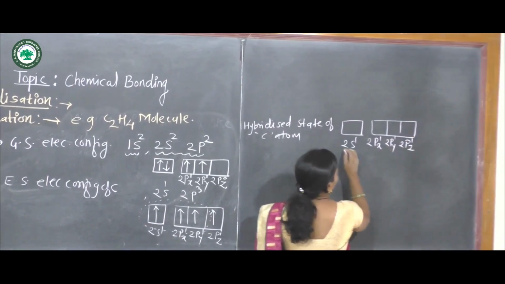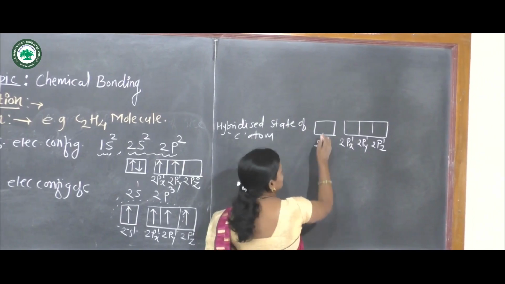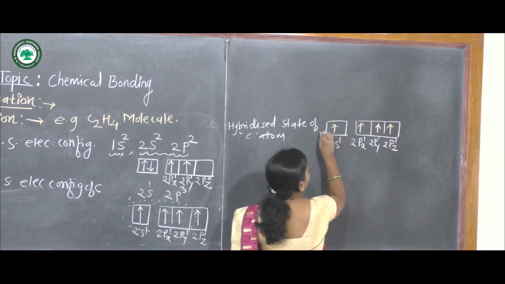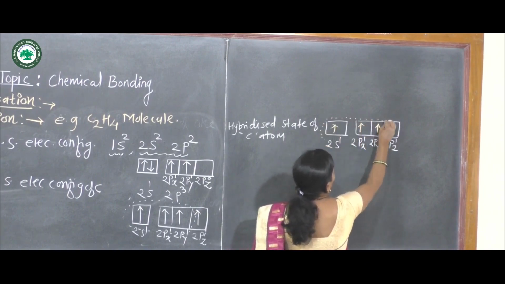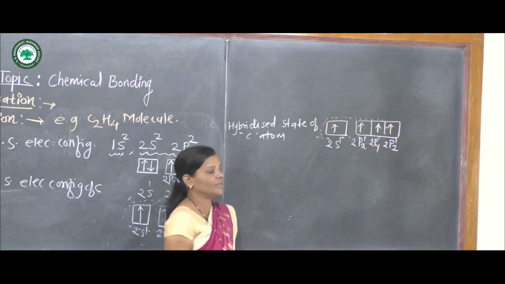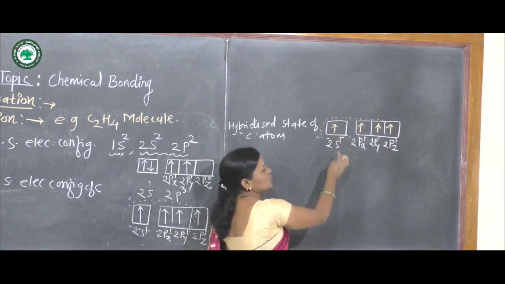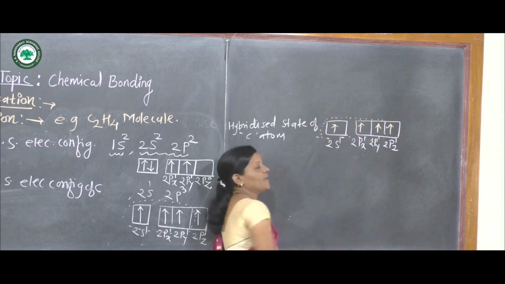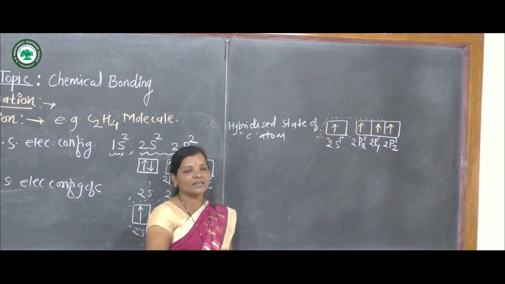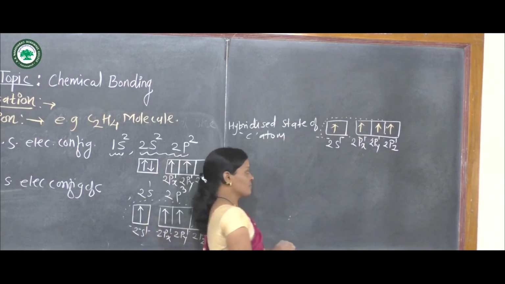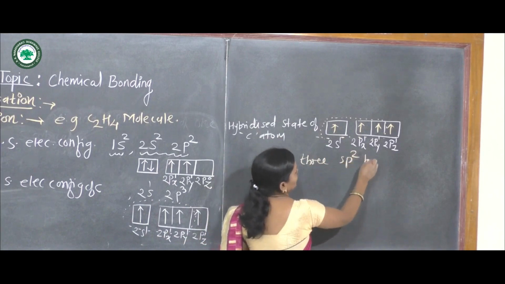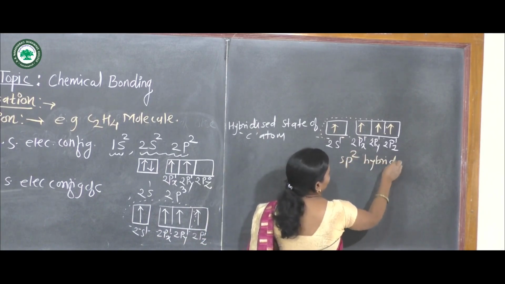For convenience, the 2s orbital, 2px orbital and 2py orbital of carbon undergo mixing and recasting to produce 3 sp2 hybrid orbitals.